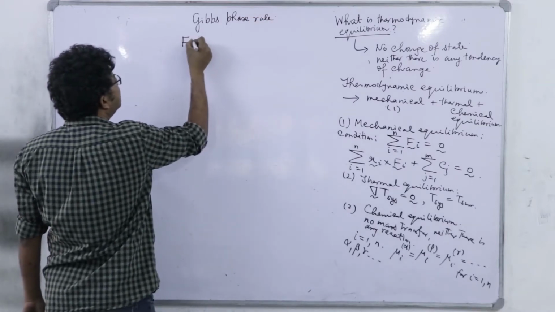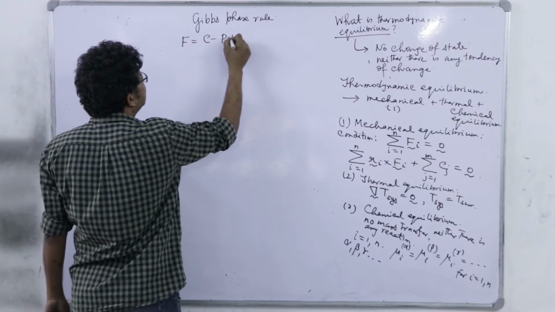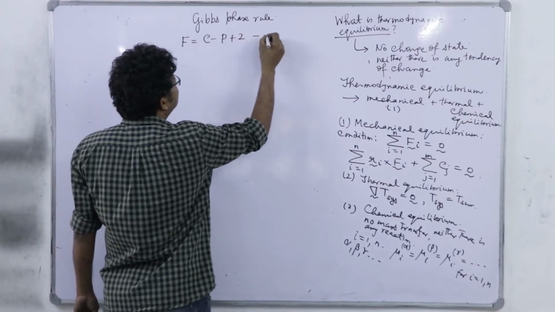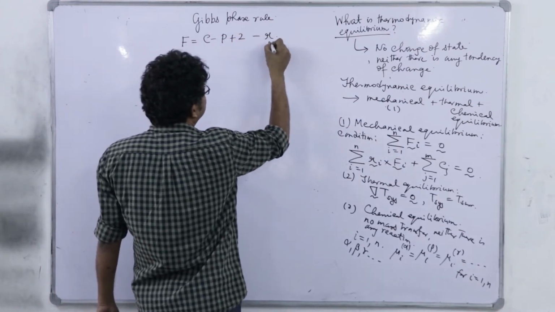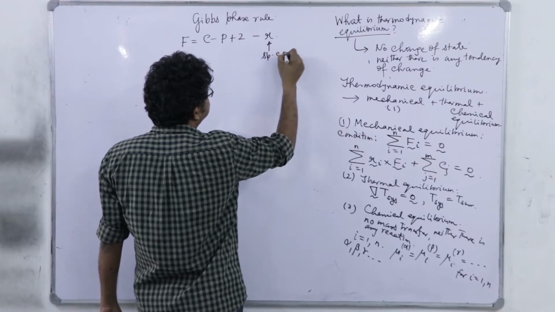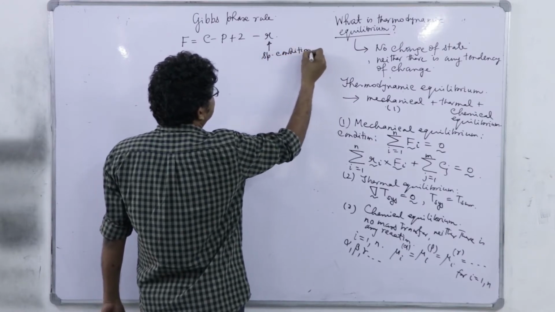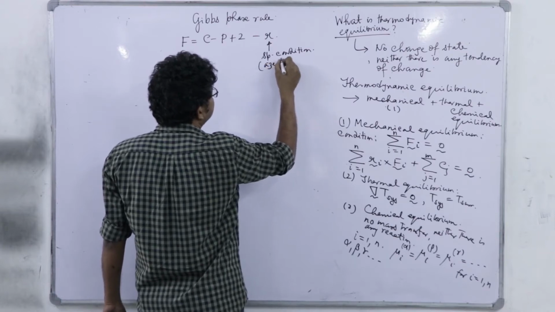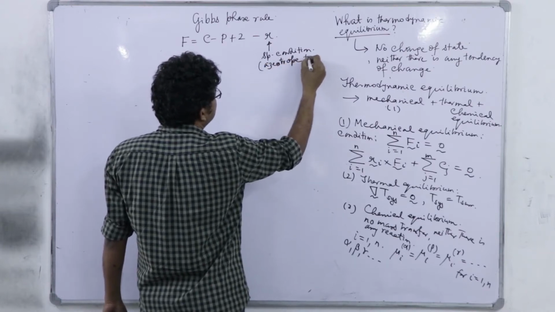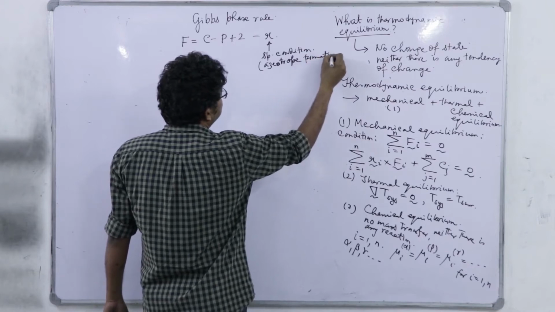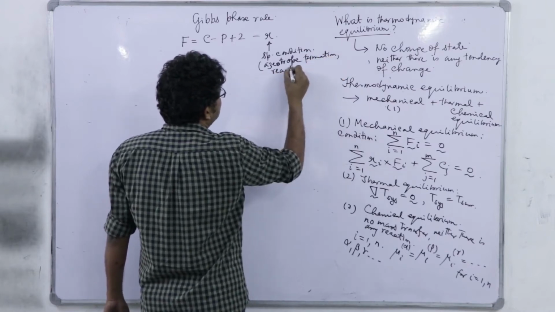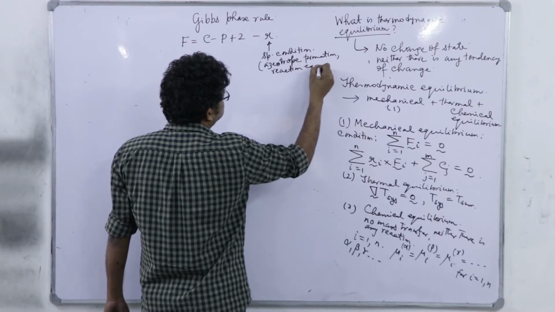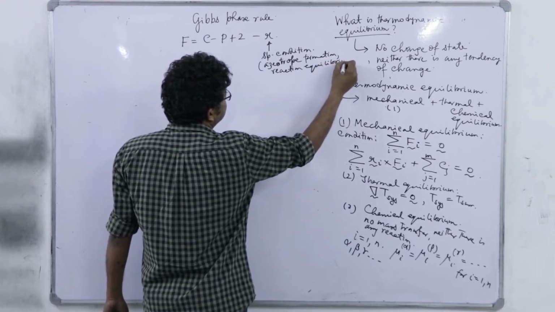It states the degrees of freedom in a system: F equals C minus P plus 2 minus R. R is some special condition, like azeotrope formation, reaction equilibrium, etc.